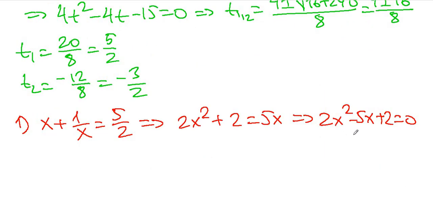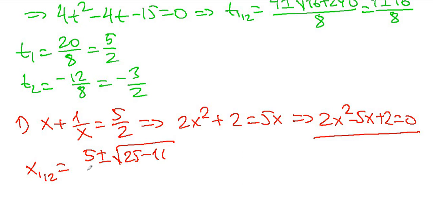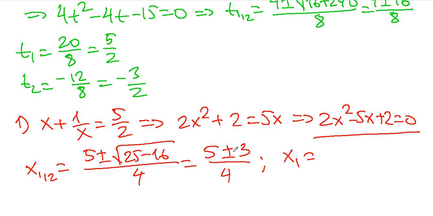Now again we have a basic quadratic equation, and we can use the discriminant. x1,2 is equal to 5 plus minus square root of 25 minus 16, divided by 4, which is equal to 5 plus minus, here the square root of 9, from that we'll get 3, divided by 4. Here x1 is equal to, if we take plus, 8 over 4, which is equal to 2, and x2 is equal to, if we take minus, 2 over 4, which is equal to 1 over 2.